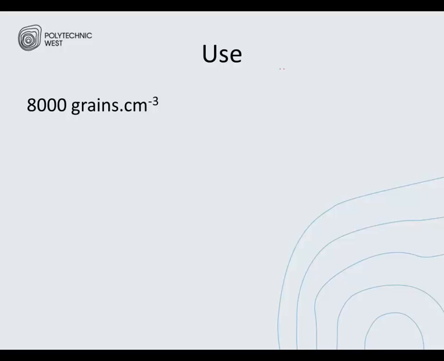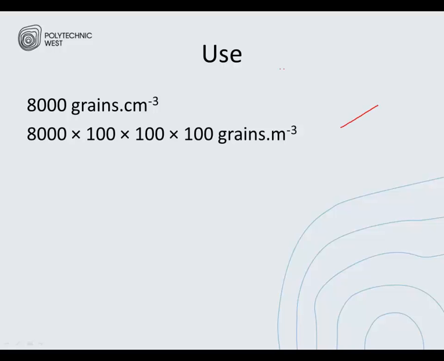So to find the number per cubic metre, I'd multiply that by 100 times 100 times 100, because when you make a cubic centimetre into a cubic metre, there are 100 of them going that way, 100 going that way, and 100 going that way, to give me a cubic metre. So you take 8,000 times 100 times 100 times 100.